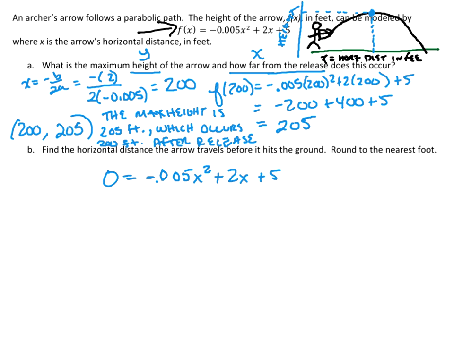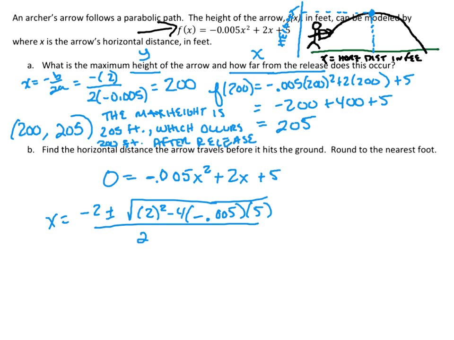I'm going to stick this into the quadratic formula. x equals the opposite of b plus or minus the square root of b squared minus 4ac, all over 2a.